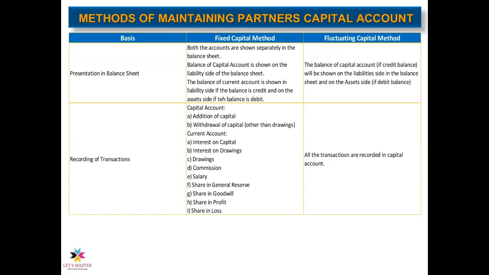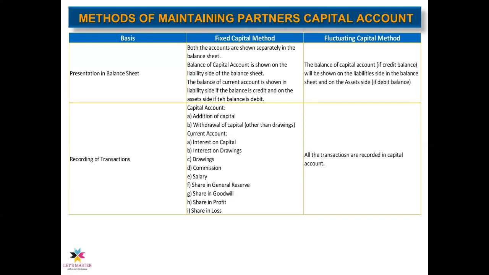Now, if we talk about recording of transactions, then in the partner's capital account, we record only two transactions. That is, addition of capital or withdrawal of capital. Mind it, withdrawal of capital other than drawings. And in the partner's current account, we record all the transactions related to interest on capital, interest on drawings, commission, salary, share in general reserve, share in goodwill, share in profit, or share in loss.